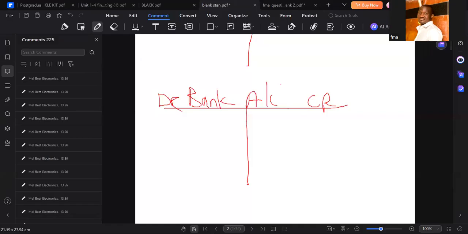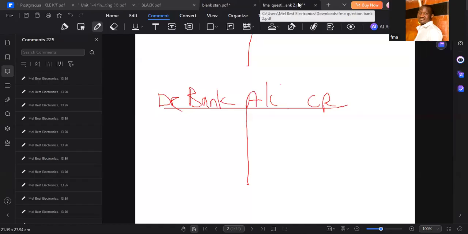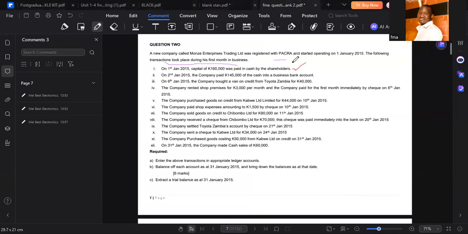The bank account that you're going to open here on 2nd January 2015: the company paid 145,000 of the cash into the bank account.